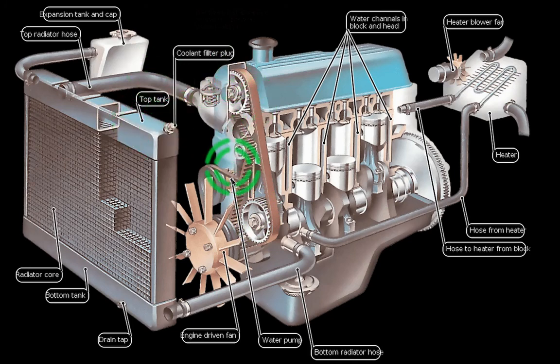What's happening here is that in the beginning, the engine had not reached that temperature, and the water had not heated up to that degree, so the water constantly moving around was able to maintain that temperature, right?